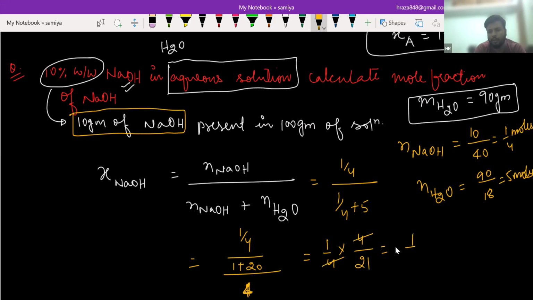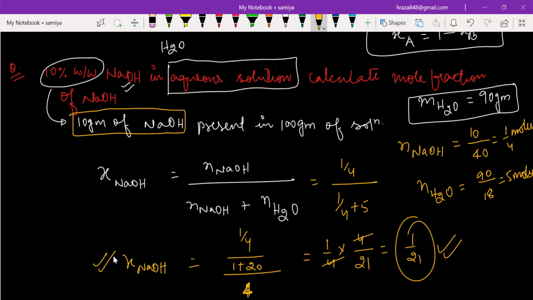So mole fraction is 1 upon 21 of what? NaOH. Got it? Yes, sir. So this was your answer. No, I did not take out the moles. Oh, that is absolutely wrong, because we need to keep the value of number of moles, not mass.